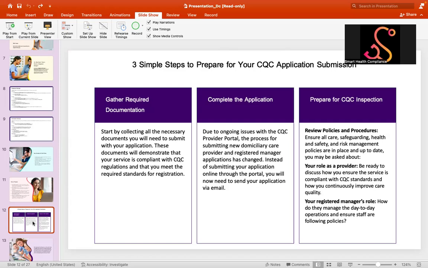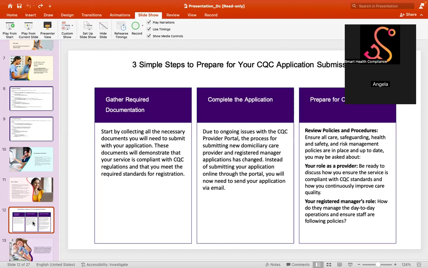Now, there has been recently a lot of confusion about CQC applications, how you submit them, submitting them on a portal, and then submitting them on a paper basis. So as of today, due to ongoing issues with the CQC provider portal, the process for submitting an application is that you would submit it on paper form. So you would get the application form via the CQC and you would submit it to them by email.